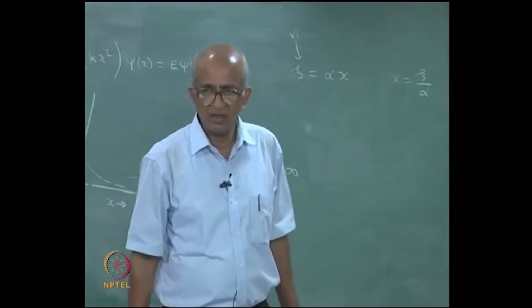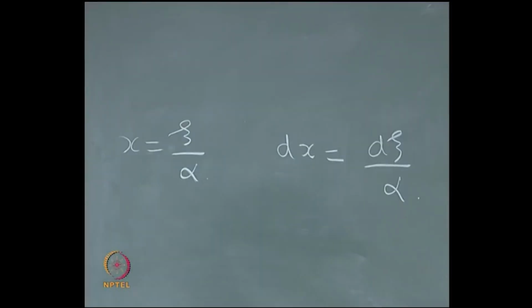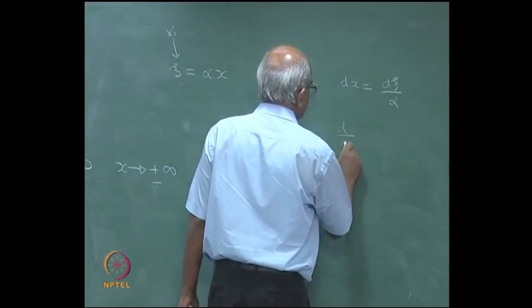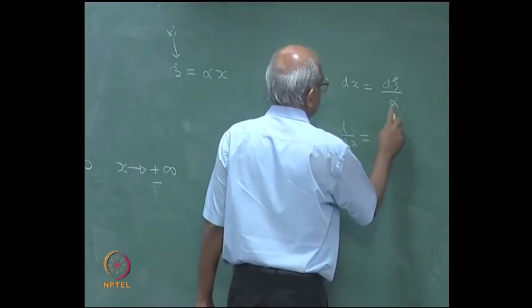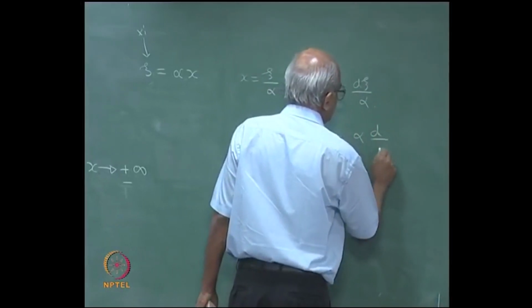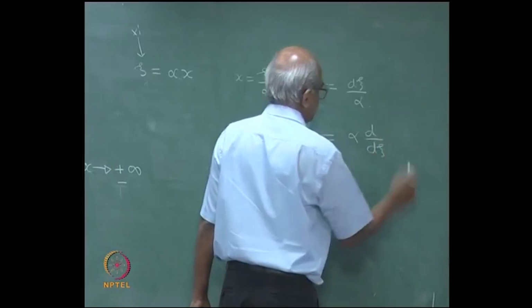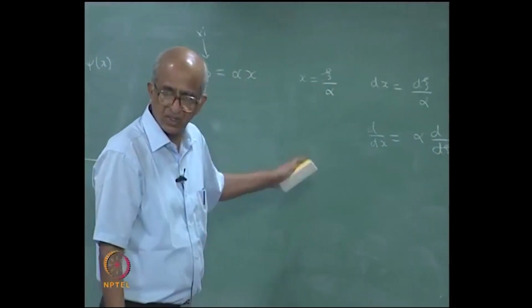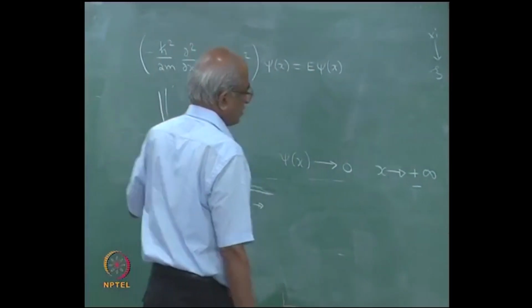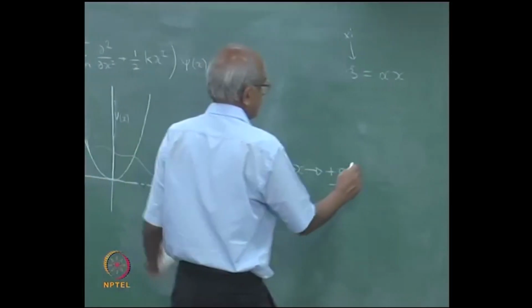Agreed? And therefore, d by dx would be equal to how much? Well, you can use this, you will say okay, it is actually alpha d by d xi, correct. So, I am going to use that in here.